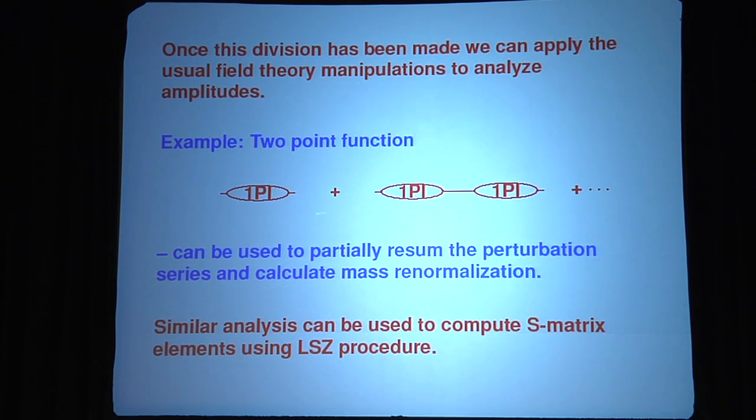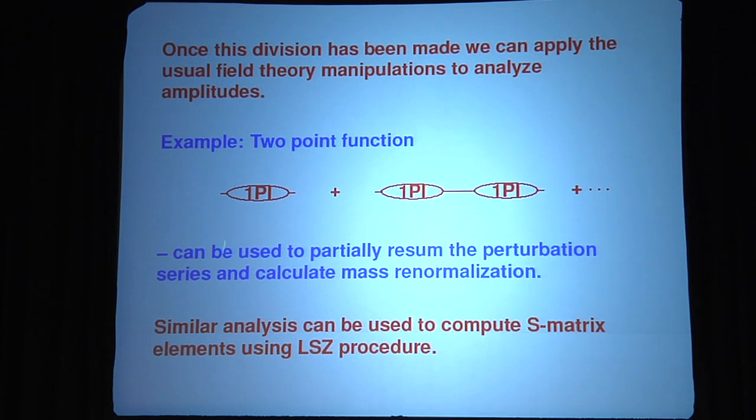Whatever is left over we will include in the one particle irreducible contribution, and so on. So, then the 2-point function can be expanded in a series expansion like this, with one 1PI component, two 1PI components, three 1PI components, and so on. And this now can be used to partially resum the perturbation series and calculate mass renormalization in the standard field theoretic way.